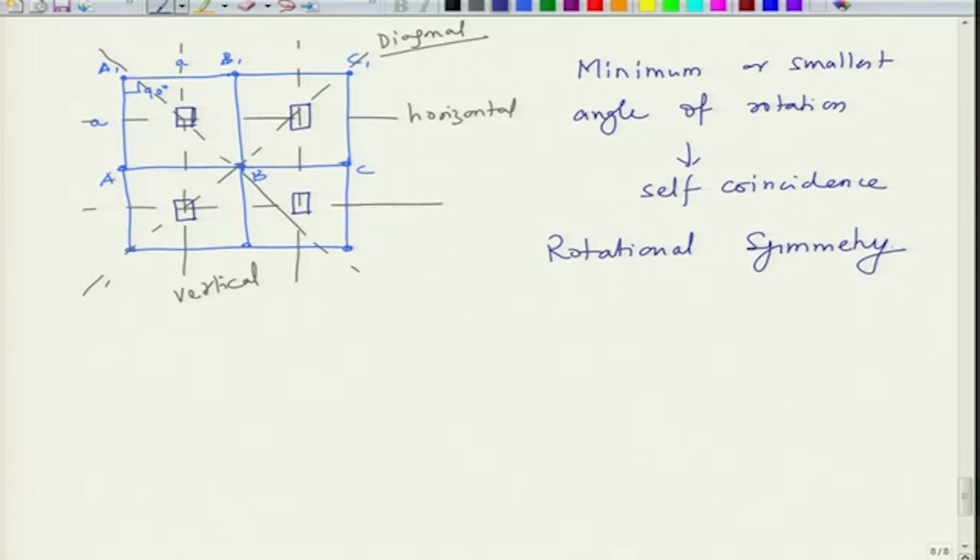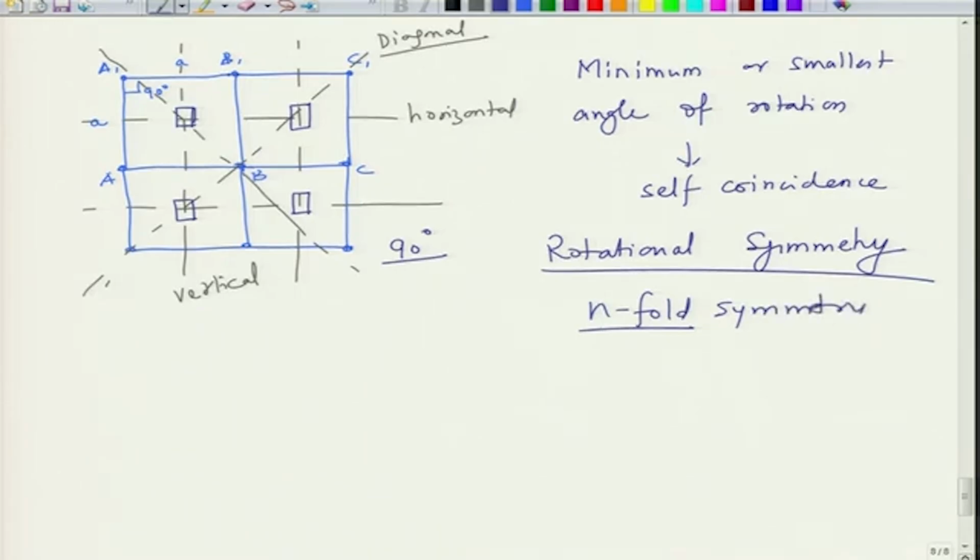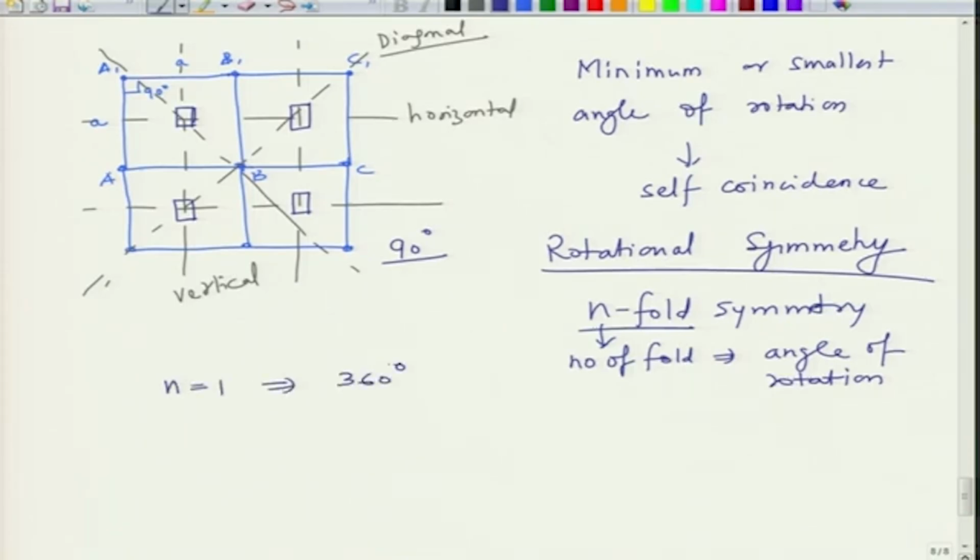In this case you can rotate it by 90 degrees, but how do you evolve a general framework? In this case we define what we call n-fold symmetry, and this n defines the angle of rotation. So n equal to 1 will mean 360 degree rotation.